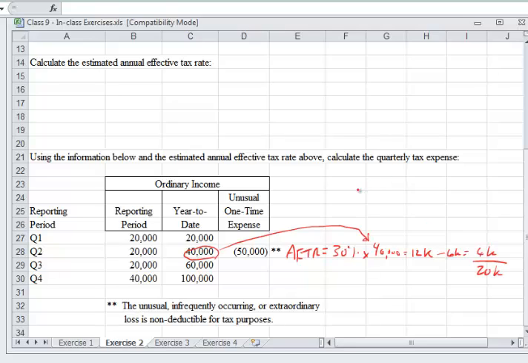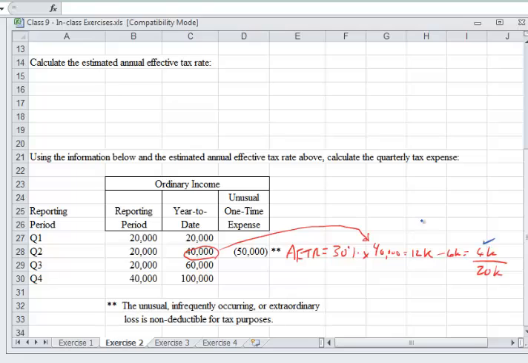And then when I add the unusual item, what happens? My 6 is still the same, because this is non-deductible. So the fact I had a big expense didn't actually change my provision. The 6 expense I booked before the discrete item is still the same, because this thing's non-deductible in the first place.